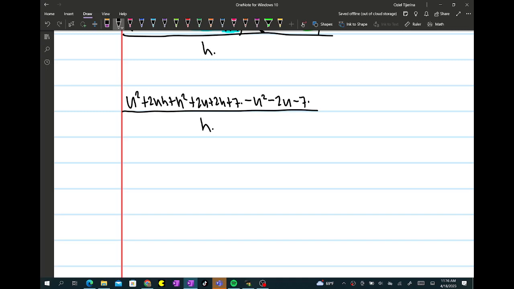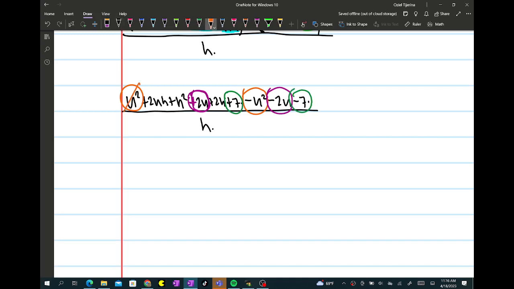Okay. And now we need to look at what our like terms are. So there's a u squared, there's a negative u squared, and this is where you really have to be careful. You have to really look at what you just wrote. There's a 2u, so this is positive 2u, and then there's a negative 2u, and then another one, there's a 7 and a negative 7, right? So we're going to go ahead and cancel all of those out.